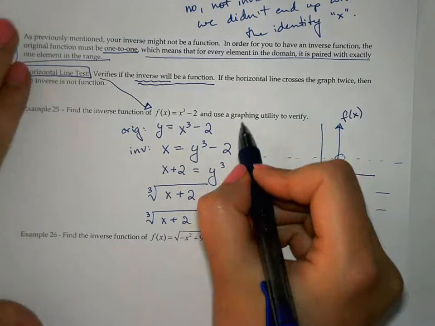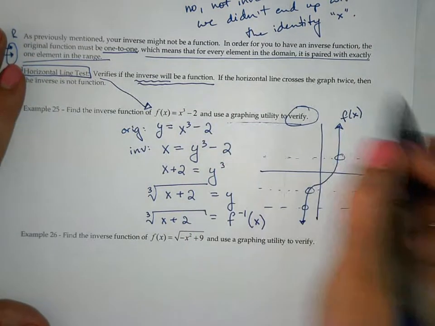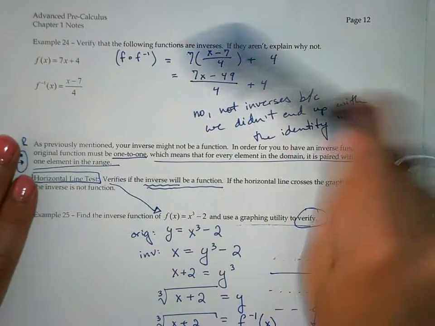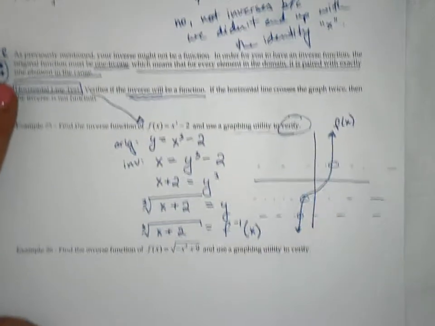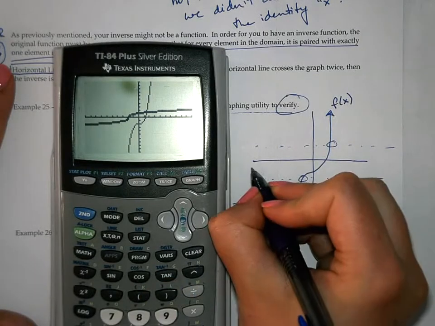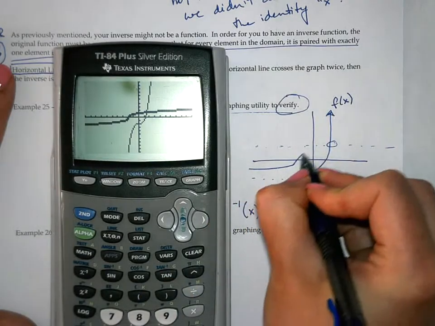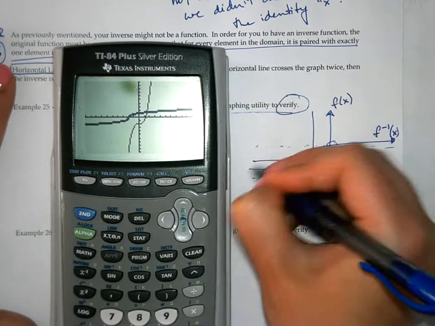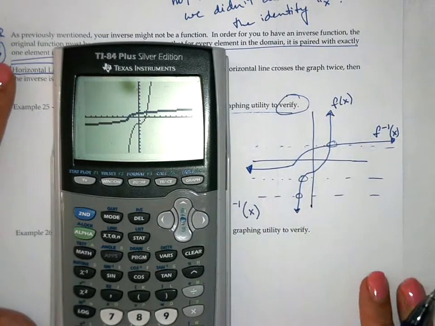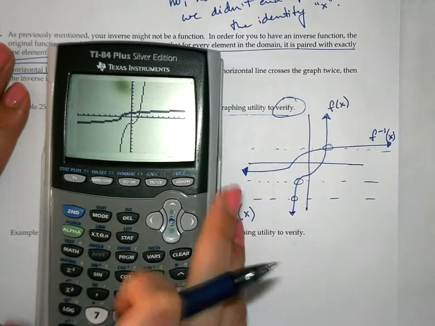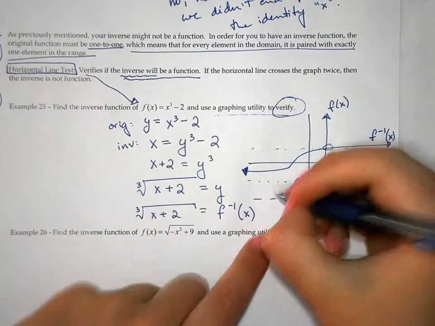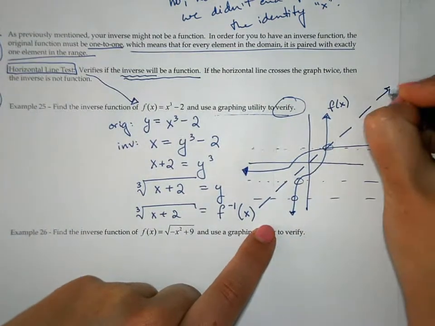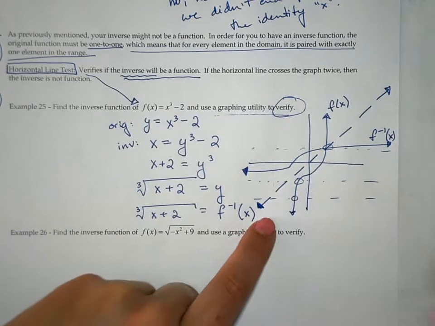Now, it also says using a graphing utility to verify. When we're verifying with a graphing utility, that doesn't mean that we have to do the composition part. That means we're looking at the two graphs. So if I go ahead and put this bold one on here, this is my inverse one. What am I looking for to tell that these two are inverses? Well, we are looking to see, do they reflect about that y equals x line, that diagonal line heading through?